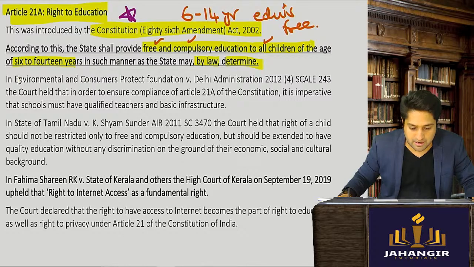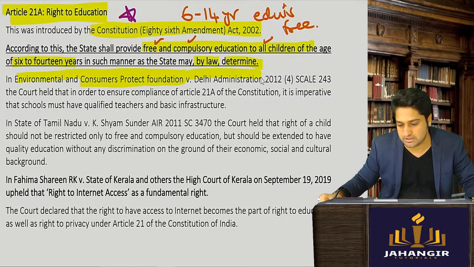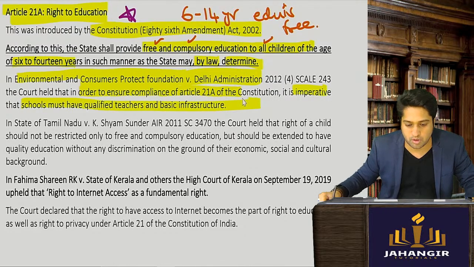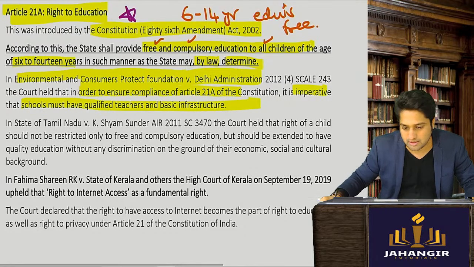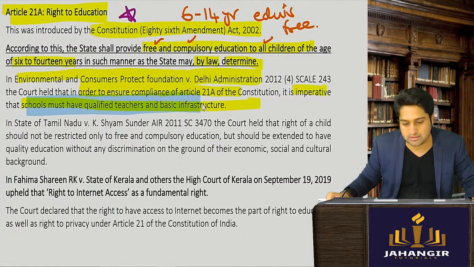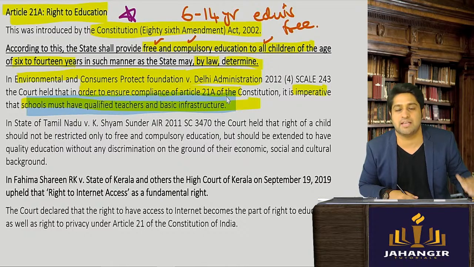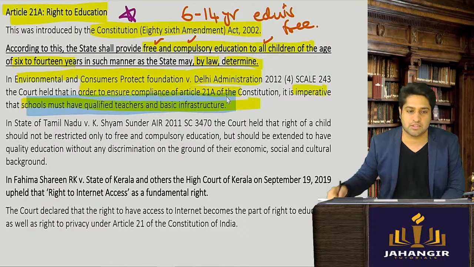Then in Environment and Consumers Protection Foundation versus Delhi, the court held that in order to ensure compliance with Article 21A, it is imperative that schools have properly qualified teachers and infrastructure. In order to give them education, we also require teachers and proper infrastructure.